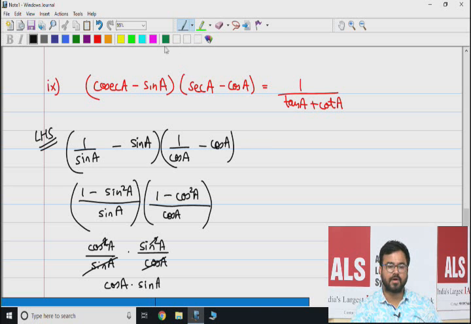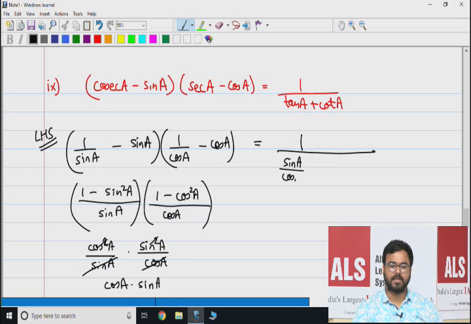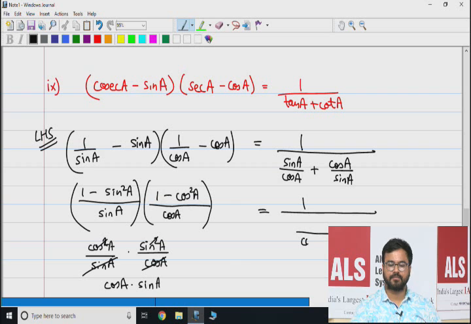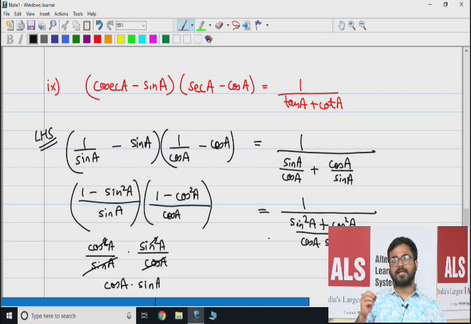If you want to work upon the right hand side, we can convert this tan in terms of sine A upon cos A, and this cot as cos A over sine A. Now if we take the LCM in the denominator, that is cos A into sine A, and cos A into cos A, that will become sine square A plus cos square A, and sine square A plus cos square A is nothing but 1.